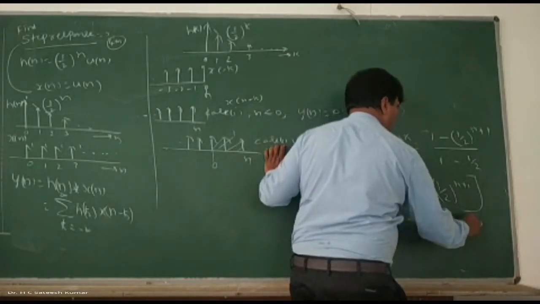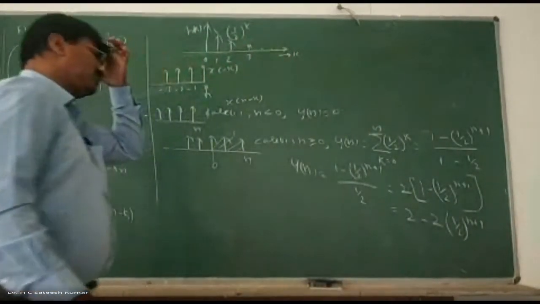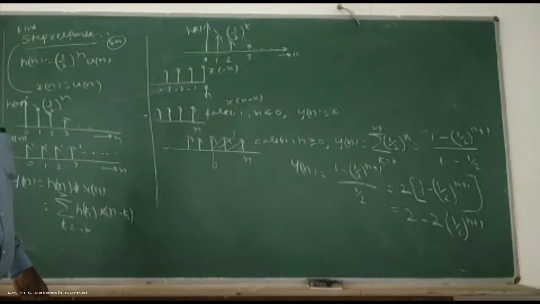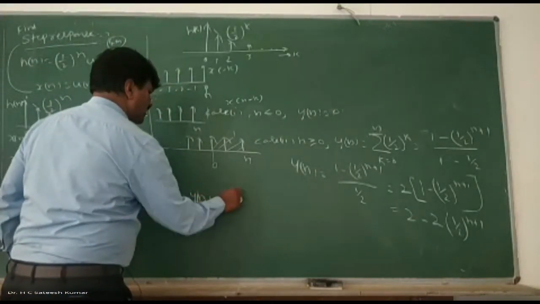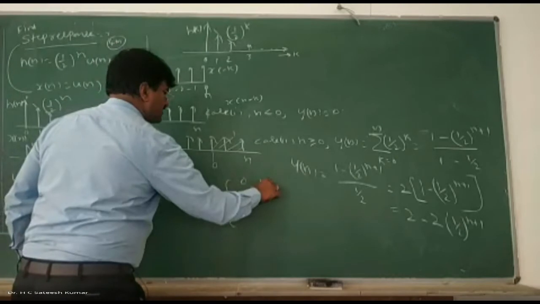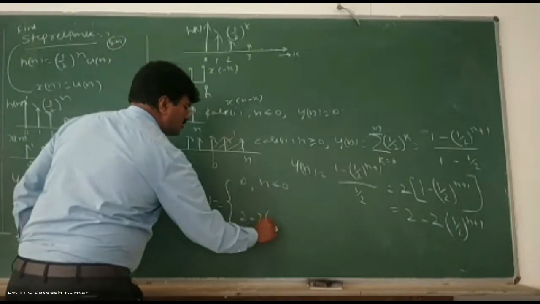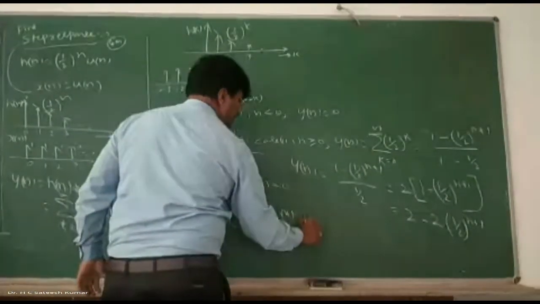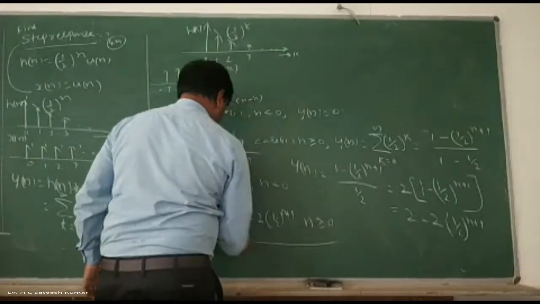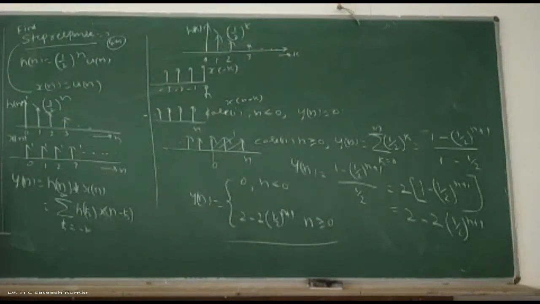Anyhow, the summary is y of n equals 0 for n less than 0, and equals 2 minus 2 into half to the power of n plus 1 for n greater than or equal to 0. That's how we should do it for discrete time convolution.